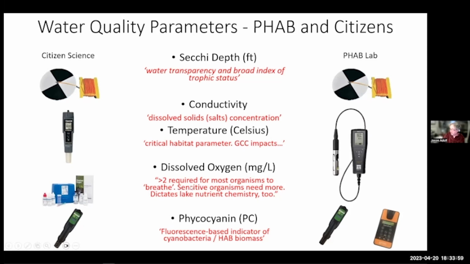Our lakes are getting warmer. Everything's getting warmer. Dissolved oxygen is a critical parameter because, like you and me, most of the things need to breathe oxygen. They do it through gills. And we know that when it drops below 2, things start to die. And oxygen also dictates how chemical cycling occurs in the lake. And then phycocyanin fluorescence, or PC fluorescence, is an indicator of HAB biomass.